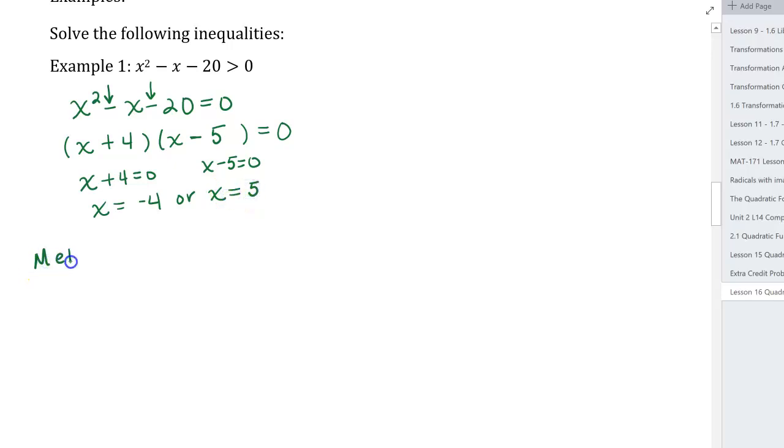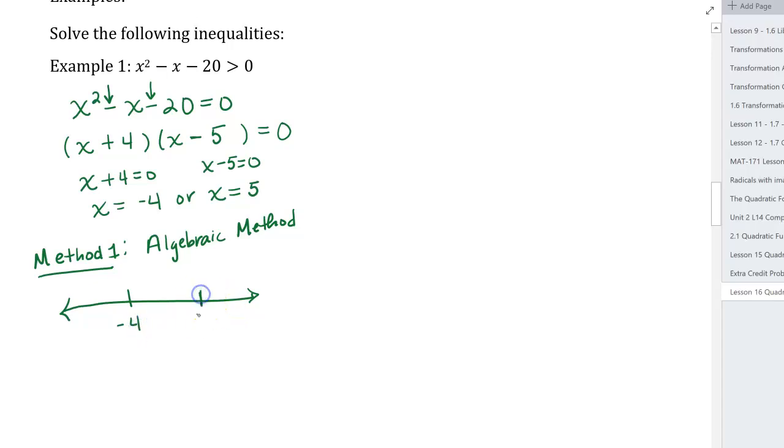So if I'm looking at method 1, what I'm going to do next is put these two numbers that I just found on a number line. And what that does is it creates 3 different intervals on the number line.